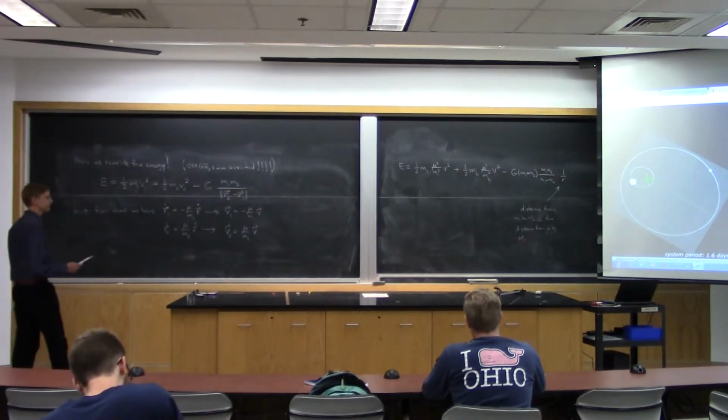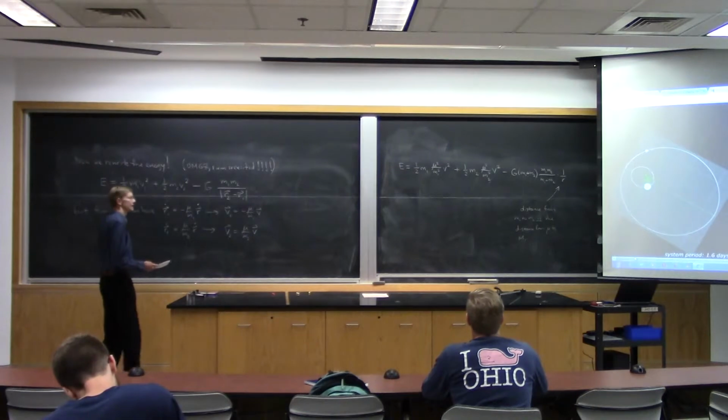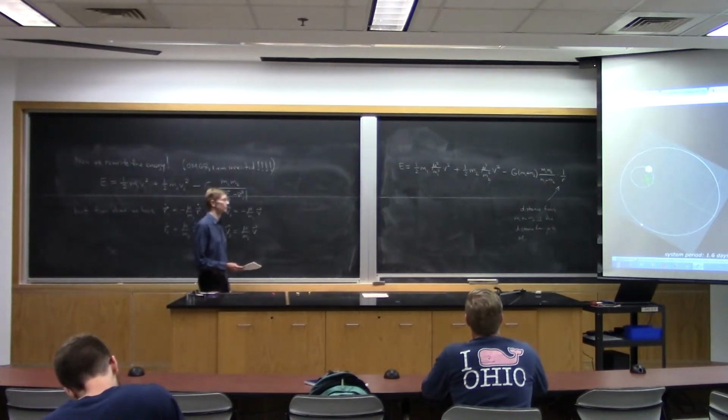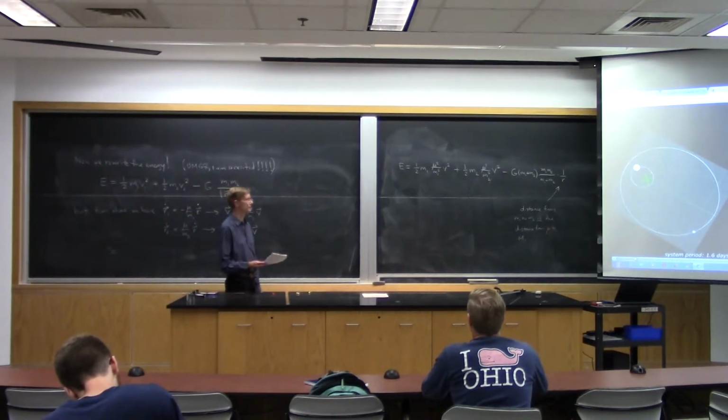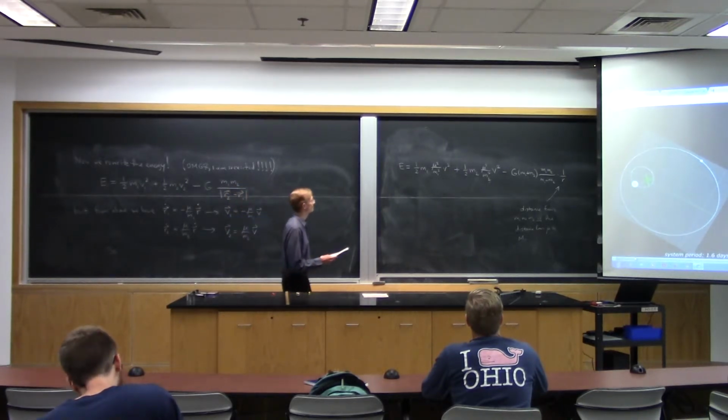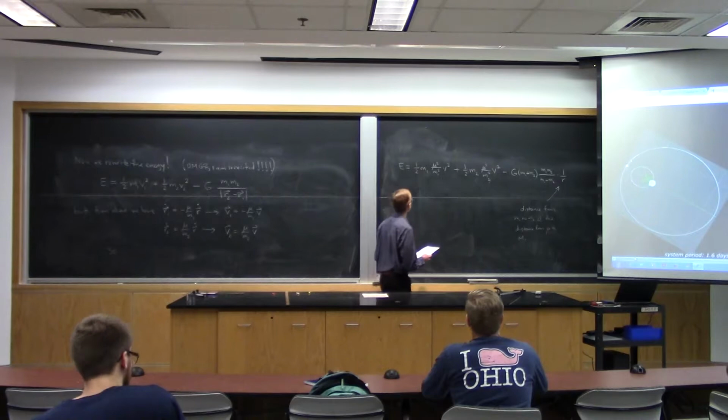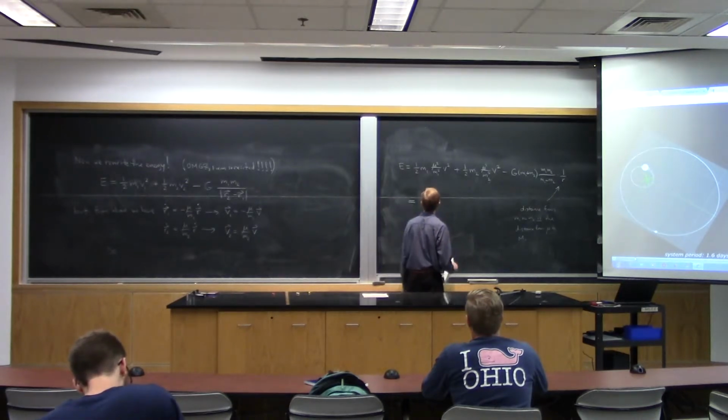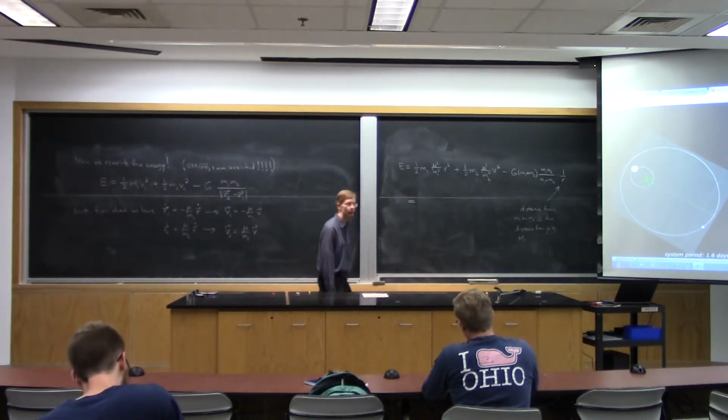So those are the same. The relative displacement we set is the distance from M to mu in the equivalent one-body problem. Any questions?